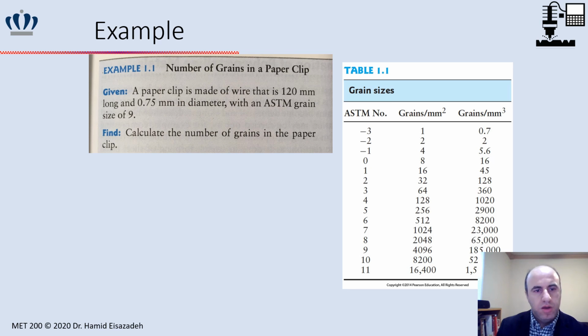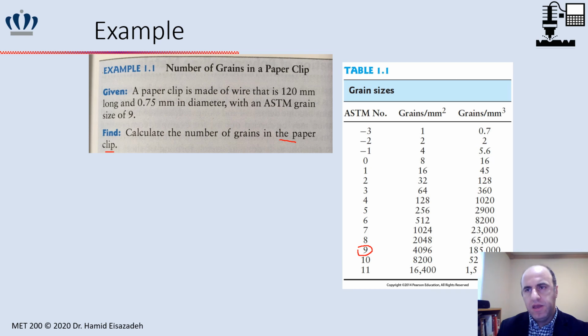So what is the number of grains in this paper clip? First, we need to look at the grain size number 9, which is here.